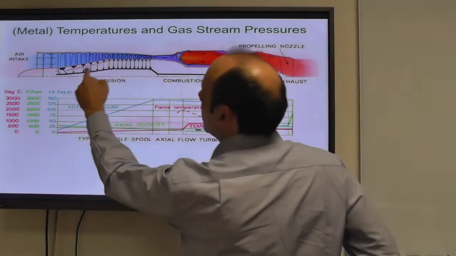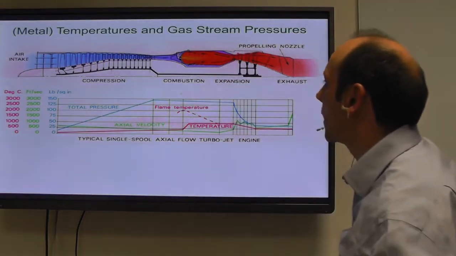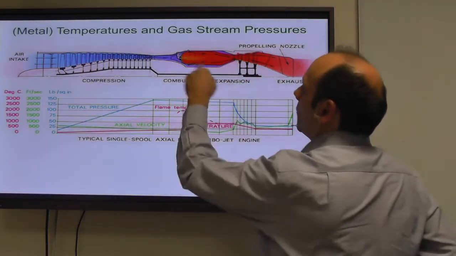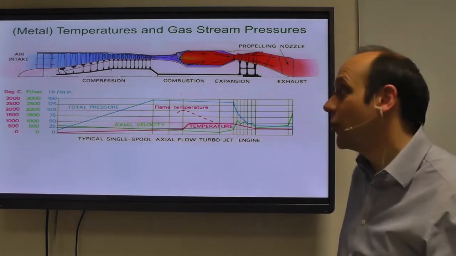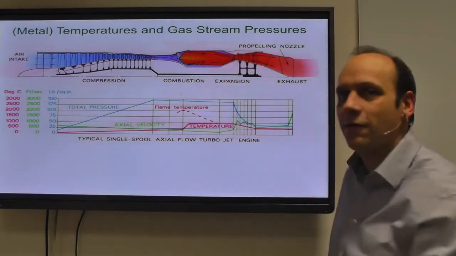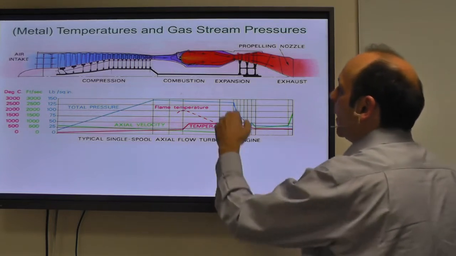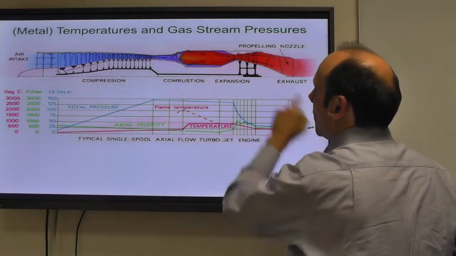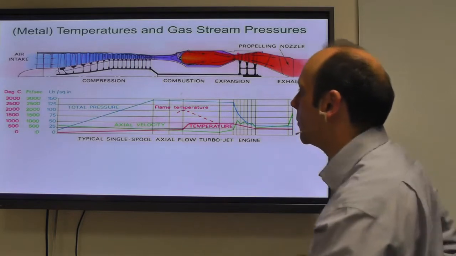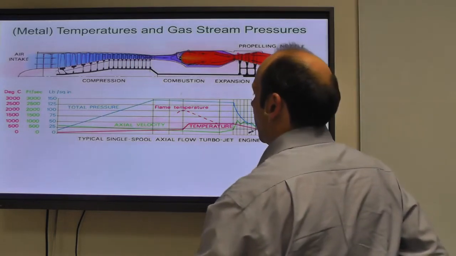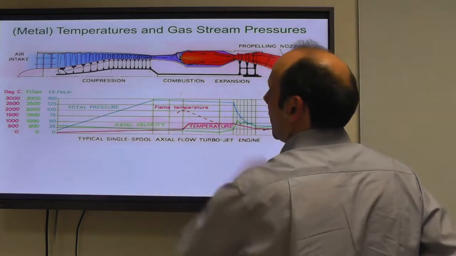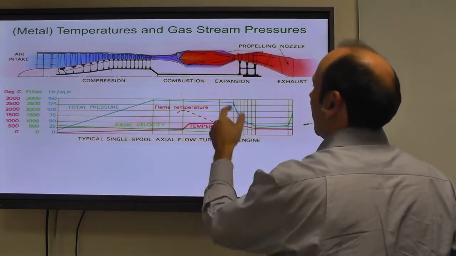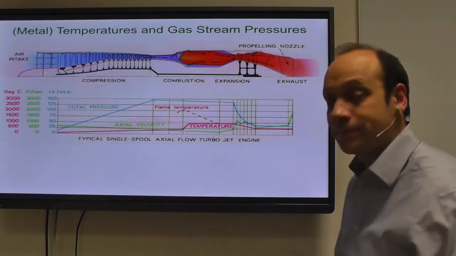This is a depiction of the discs that are hanging on. Then you inject the fuel, burn it. The gas stream temperature then gets up to above the melting point of the alloy, and you have to protect by bleeding cooling air over the blades. And then that temperature drops as you come across the turbine as you let the gas expand, of course. You also have a gradual reduction in the velocity of the air as you squeeze it, and then it accelerates again as you let it out through the turbine.